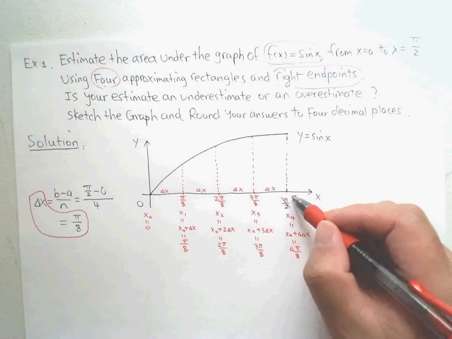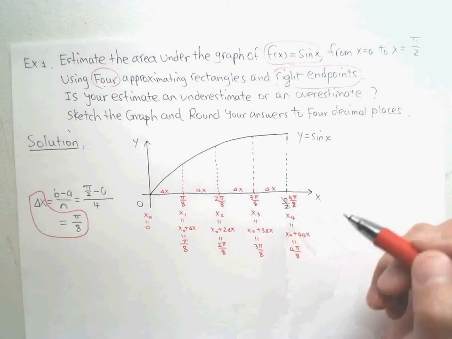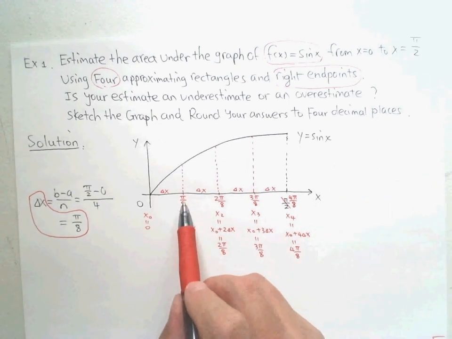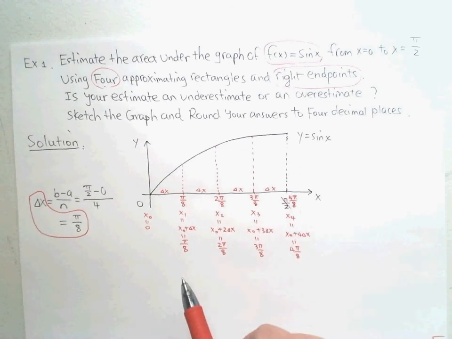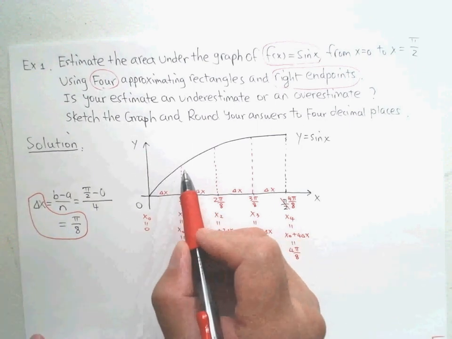But this looks better, so I'll use 4 pi over 8. They are the same, and why use this? Because the pattern looks better: pi over 8, 2 pi over 8, 3 pi over 8, 4 pi over 8.